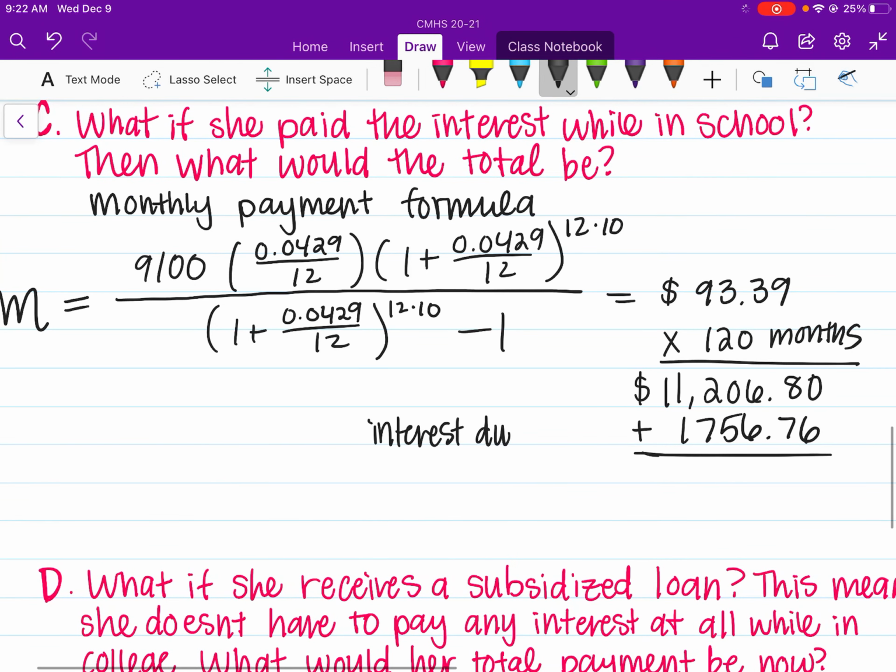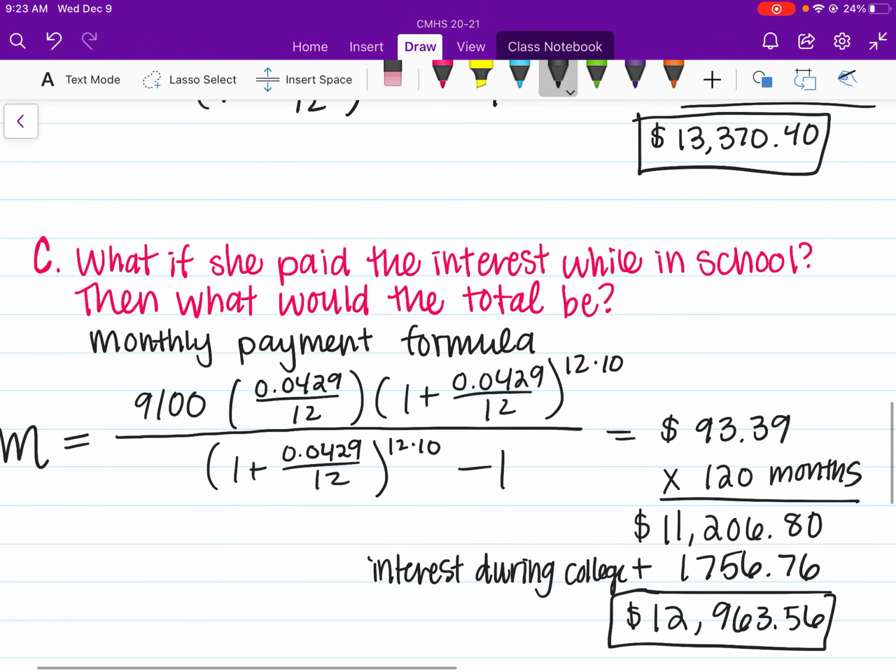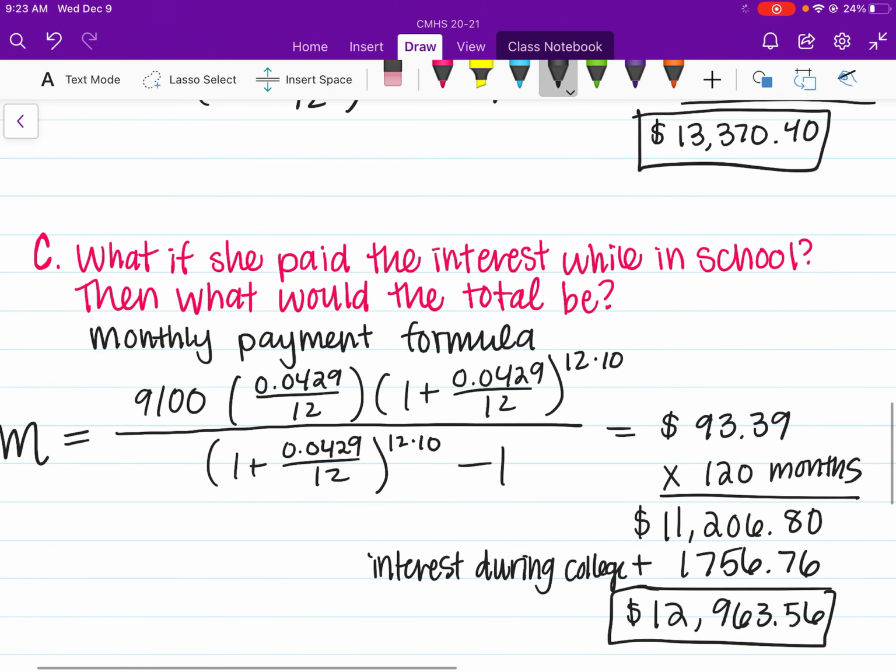So let me remind you, this is the interest during college. So if we add it at the end, the new total is $12,963.56.